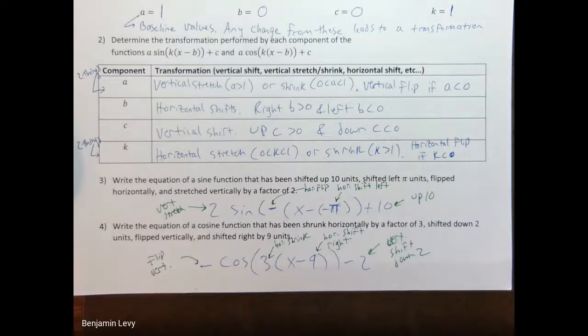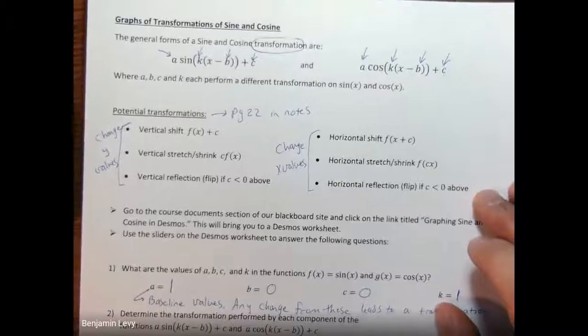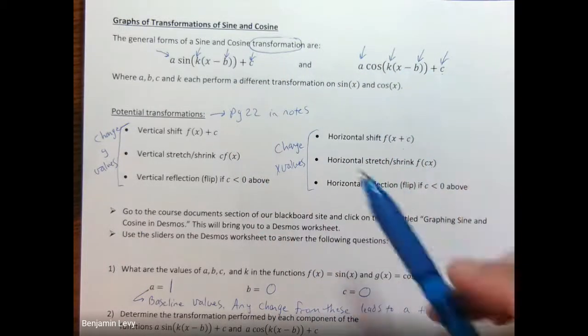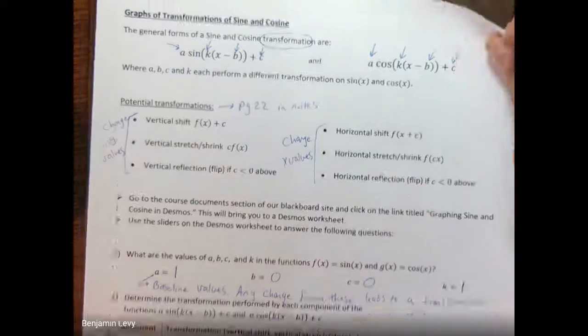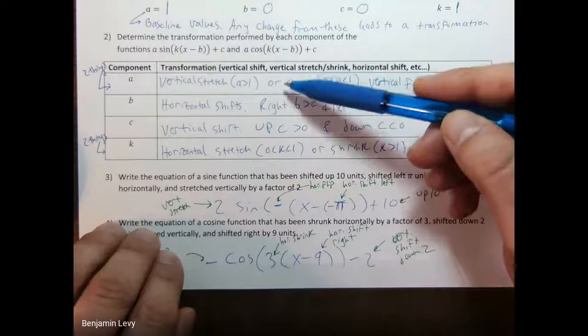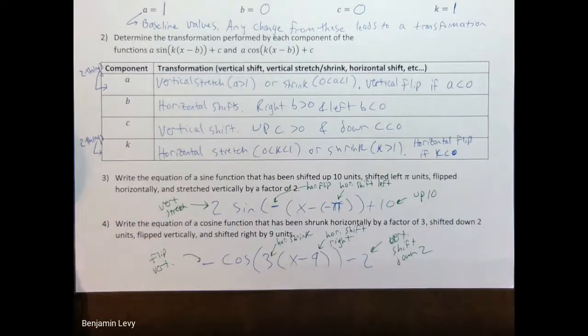So I hope you understand the general transformations that take place with sine and cosine. I'll summarize one more time. This is the general equation of a sine or a cosine, and a, k, b, and c each do one of these transformations. And you can always go back onto that Desmos site and practice typing things in and seeing what's what.